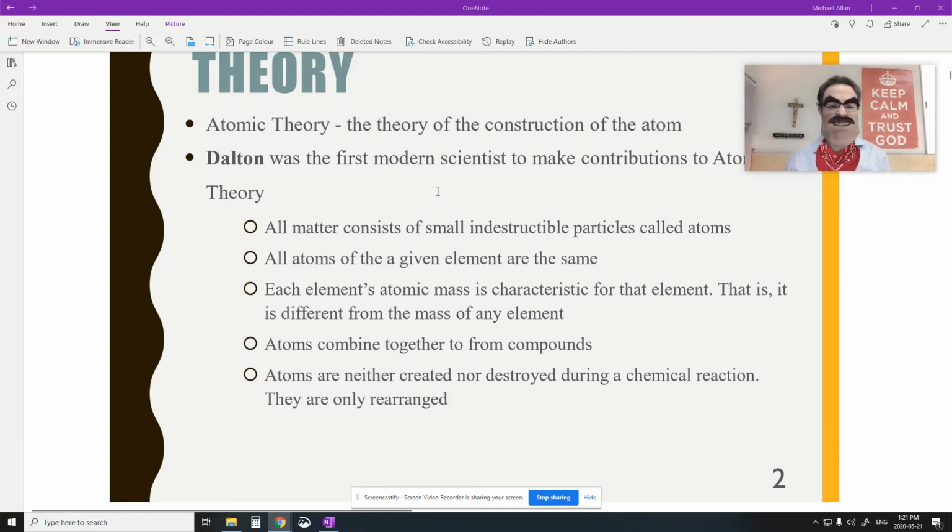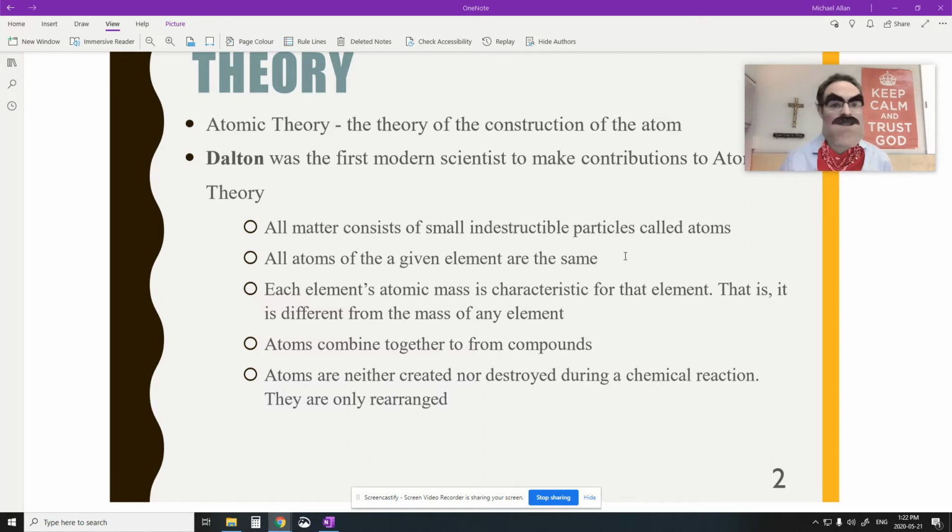Based on conservation of mass from chemistry, he came up with the idea that matter consists of these atoms, these little indestructible particles. And he called them atoms. That was the first thing.